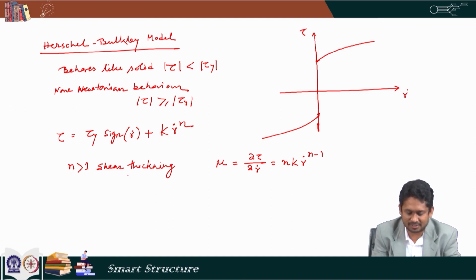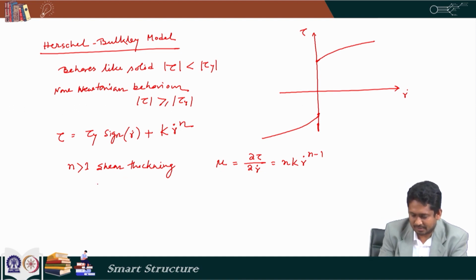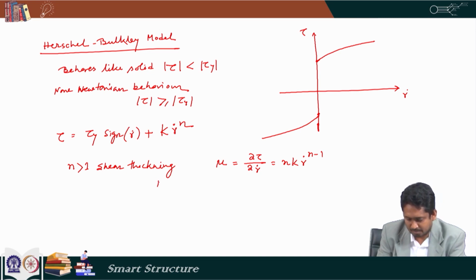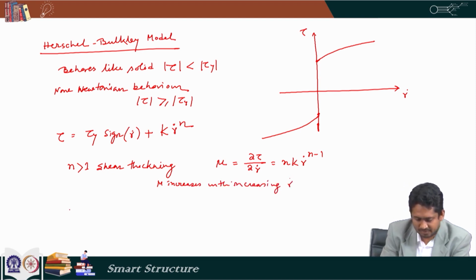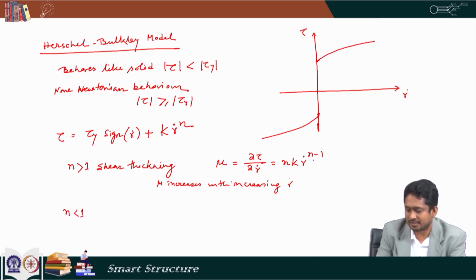So, that is why it is shear thickening, because mu increases with increasing gamma dot, and when n is less than 1, this quantity reduces with increasing gamma dot. So, that is shear thinning.